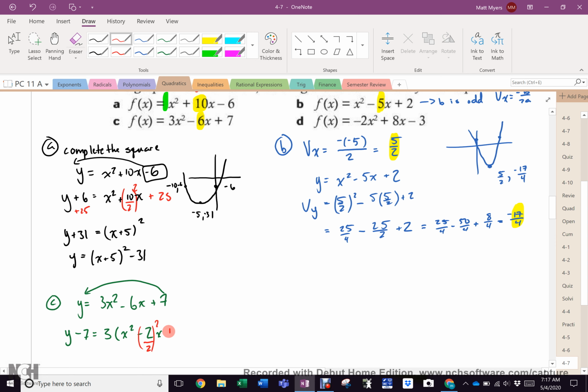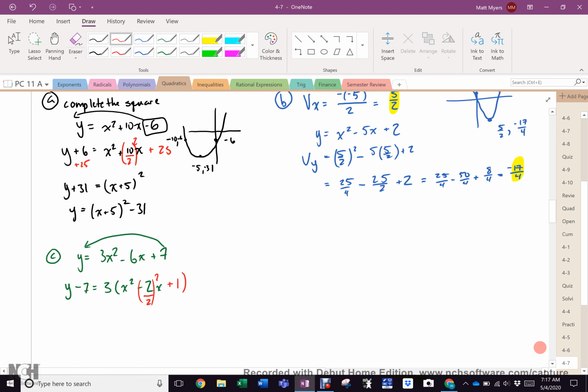Negative 1 squared is positive 1, which means I've added 3 times 1. I've added 3 to this side, so I've got to add 3 to this side. And now I've got y minus 4. That's not supposed to be blue. Y minus 4 equals 3 times x minus 1 squared. Y equals 3 times x minus 1 squared plus 4.